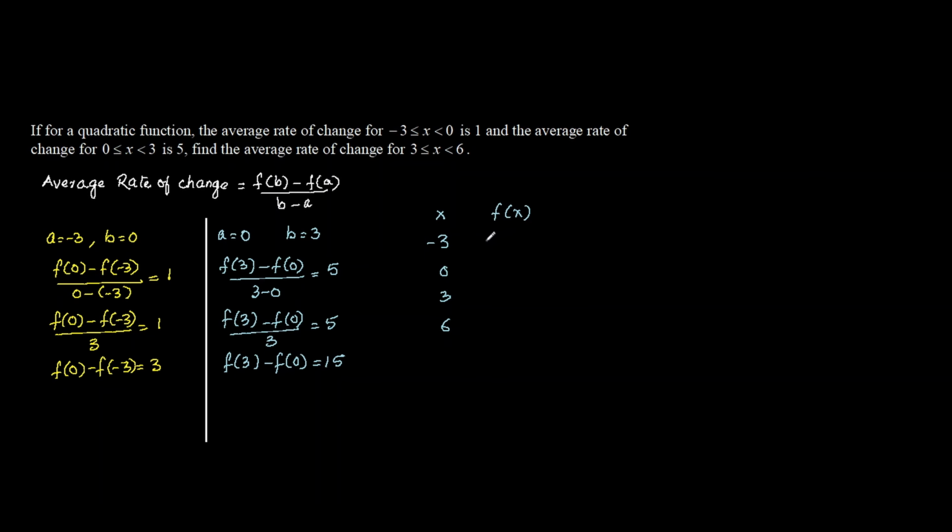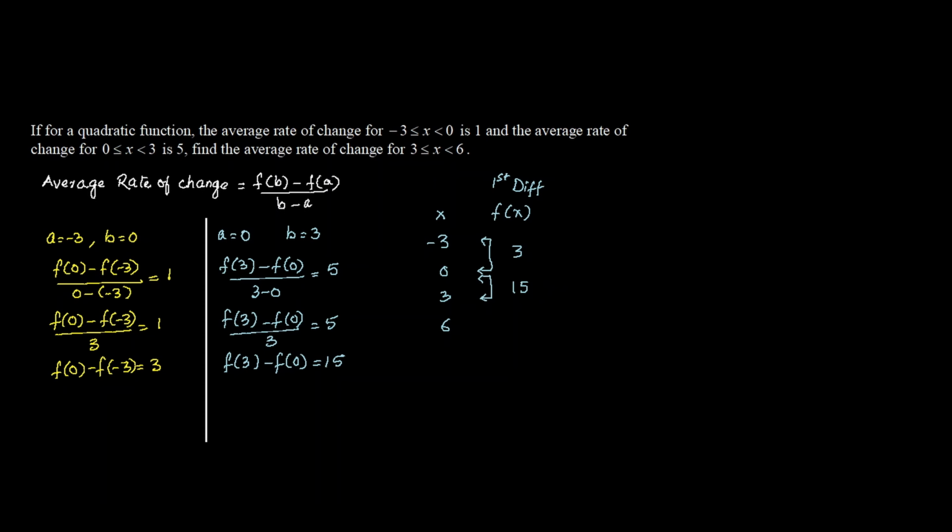We shall take this as the first difference, this value minus this value. The first difference, f(0) minus f(-3), we got as 3. The second difference, we have f(3) minus f(0), which is 15.